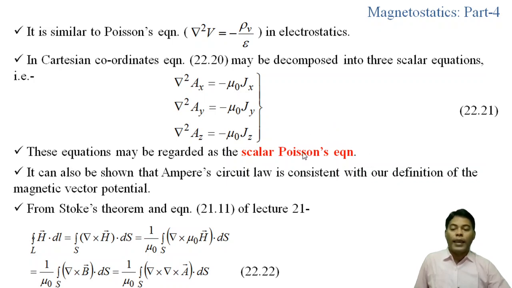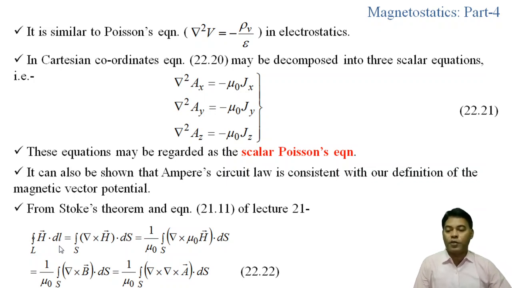Now again we are going to consider Maxwell's equation, which we have seen earlier, that is the closed line integral of H dot dl equals I enclosed. So I enclosed we are keeping outside now.